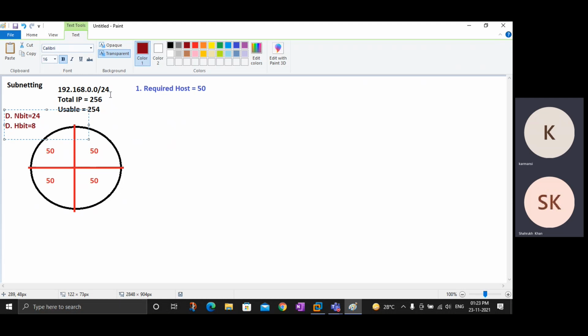So 24 network bits and the remaining 8 bits are of host. That's the default value for class C. Okay.